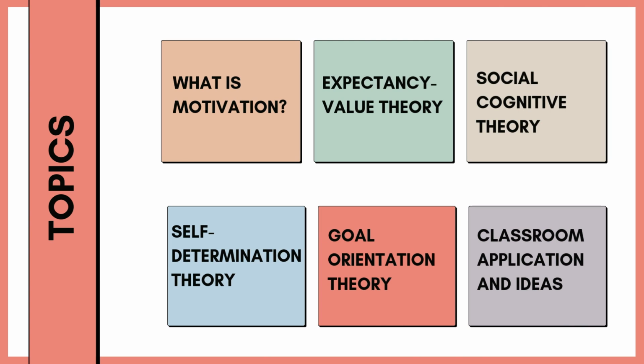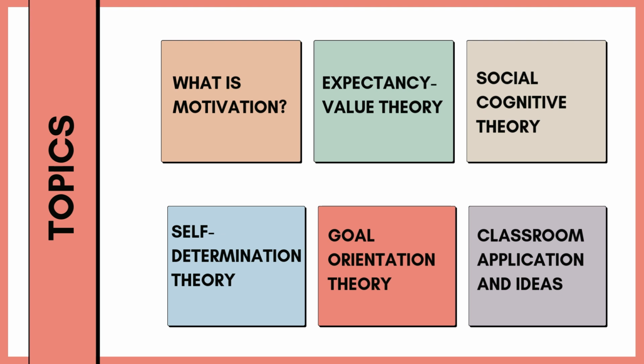These are some of the topics I'll be addressing today. First, I'll attempt to explain my definition of motivation. I will touch on the expectancy theory, the social cognitive theory, the self-determination theory, and the goal orientation theory.